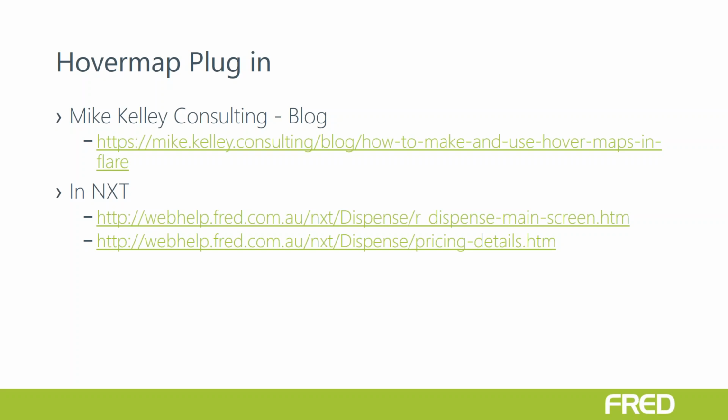Some of our screens in Fred NXT look more like the dashboards of a jumbo jet, and we have really struggled with presenting that information in a clear and concise manner. And basically, the release of this Hovermap plugin arrived at the right time and has helped us in achieving what we wanted to do.